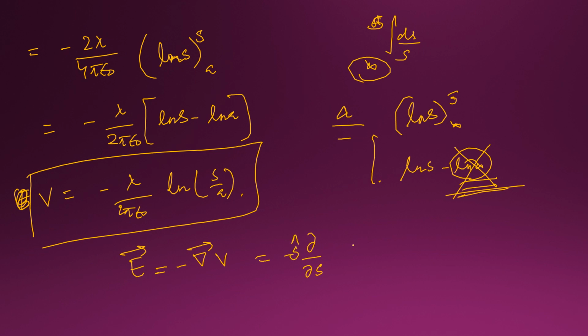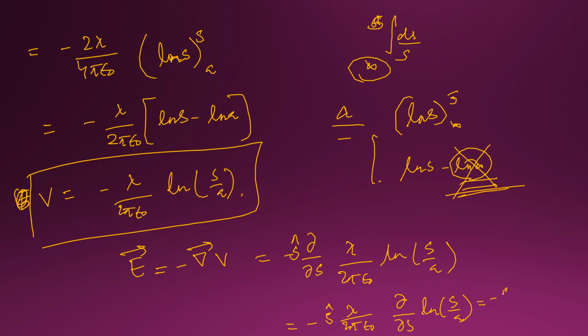So del by del s, s cap: minus s cap lambda by 2 pi epsilon naught, comes out, del by del s of ln s by a.